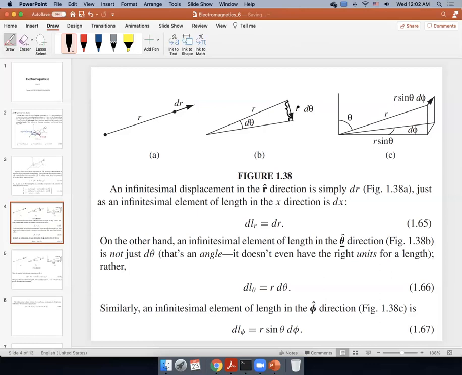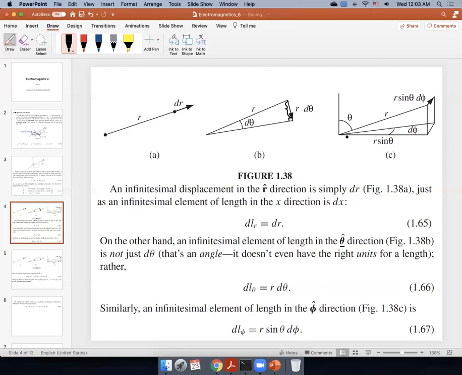So you can say this displacement equals r times sine of d theta. And it also equals r times d theta, because if this is very small, then sine of d theta and d theta are the same. So r times d theta is the infinitesimal displacement in the theta direction. Or we can write it as dL theta equals r d theta.